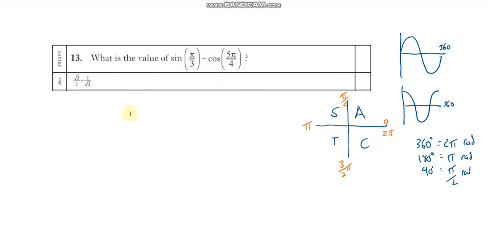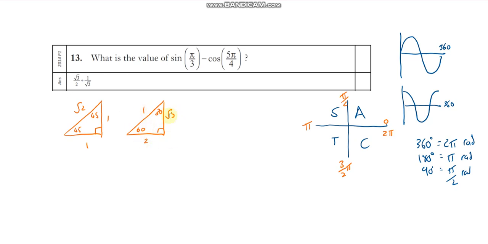The other thing I want to think about when we're finding values on paper 1 without any calculator is that we need to know our 2 exact value triangles. So have these in the back of your head and draw these out anytime you're asked to solve on a non-calculator paper. They're both right angles. I've got 30 and 60, obviously it's not drawn to scale. This is your 1, 1, root 2, and this is your root 3, 2, and 1.